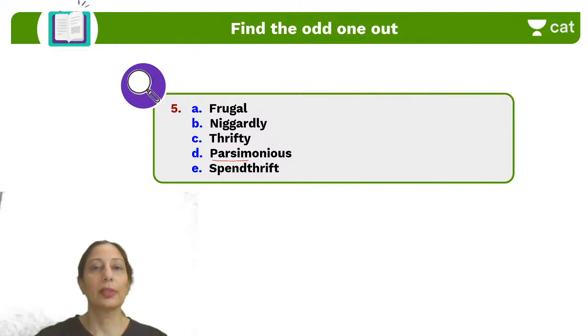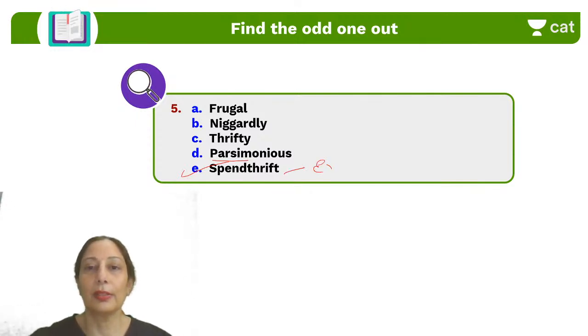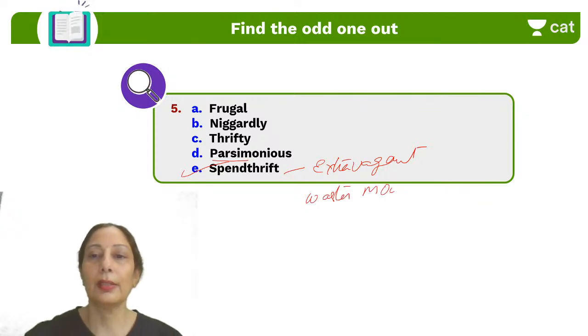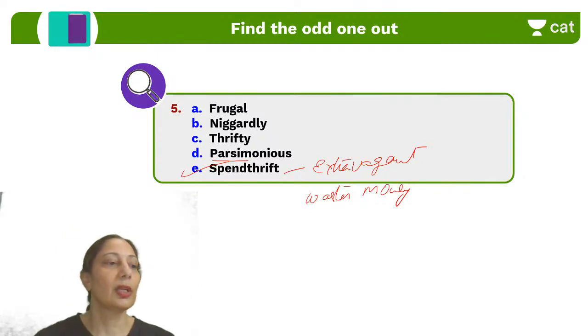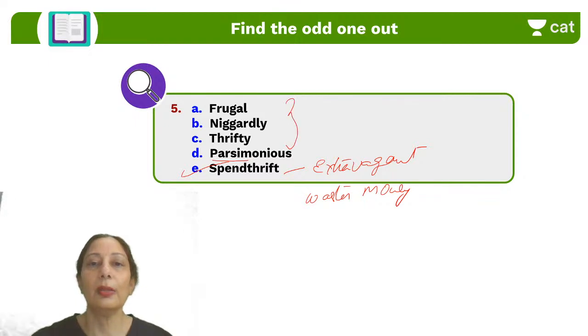Thrifty? No, spendthrift. Spendthrift is a person who is extravagant, a person who wastes a lot of money. E is the answer, while the rest of them mean spending money in a very careful way, being economical.